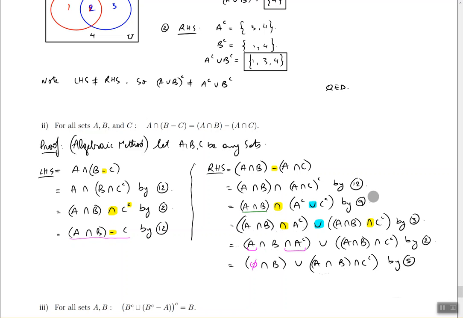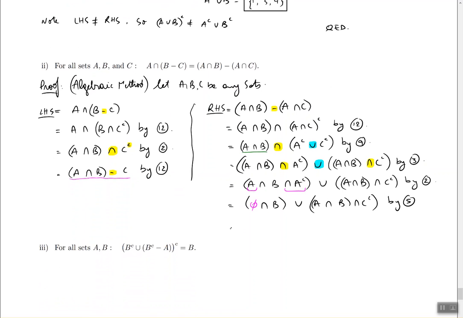All right, well, now the intersection of the empty set with another set is going to be the empty set also. And this is rule number, let me find it. Intersection of an empty set with a set is what we call the universal bound law, which is rule number 8. So the empty set, that's true by 8.